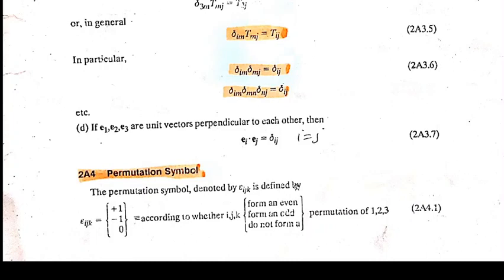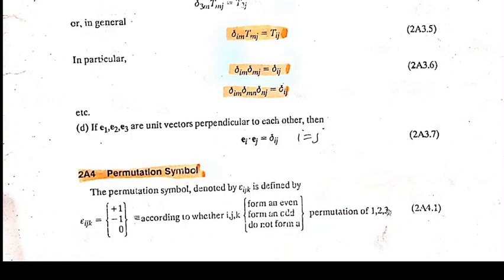The value of this permutation symbol will be plus 1 when i, j, k form an even permutation of 1, 2, 3. And if i, j, k form an odd permutation of 1, 2, 3, it will be minus 1.